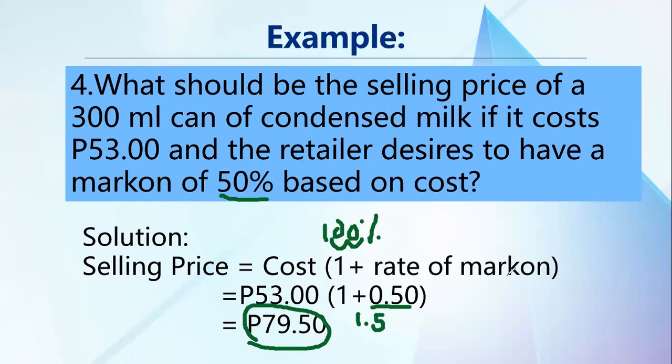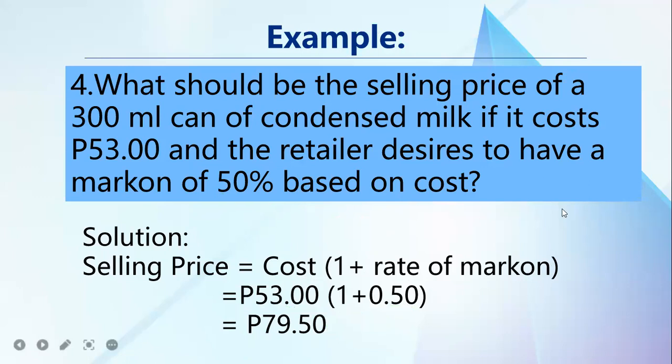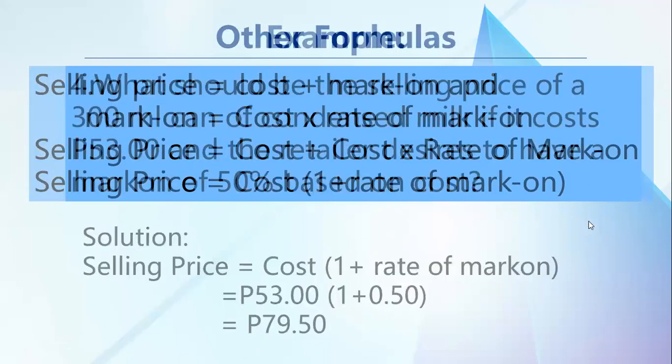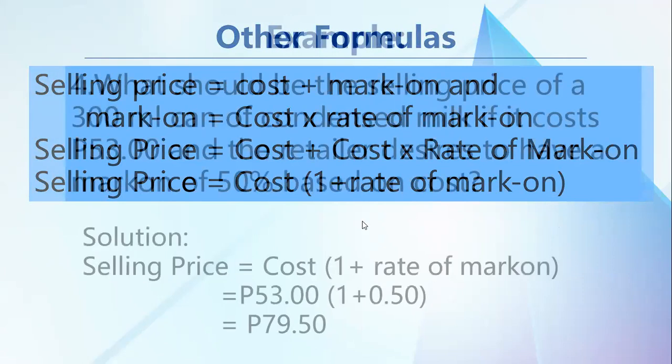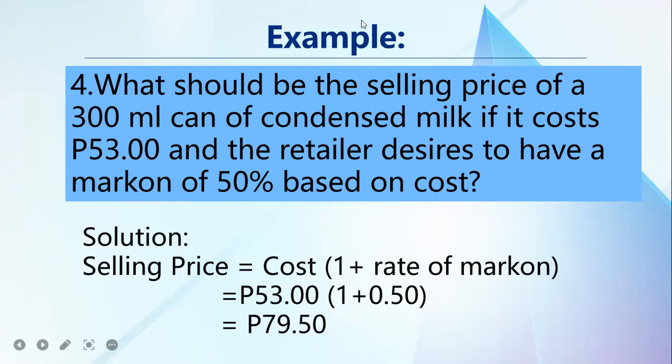If you don't have this given formula, you can still use another way. What is the other way? Selling price is equal to cost plus mark-on, right? Then to find the mark-on, your cost is multiplied by the rate of mark-on. In this example, your cost is 53 pesos and the rate is 50%.